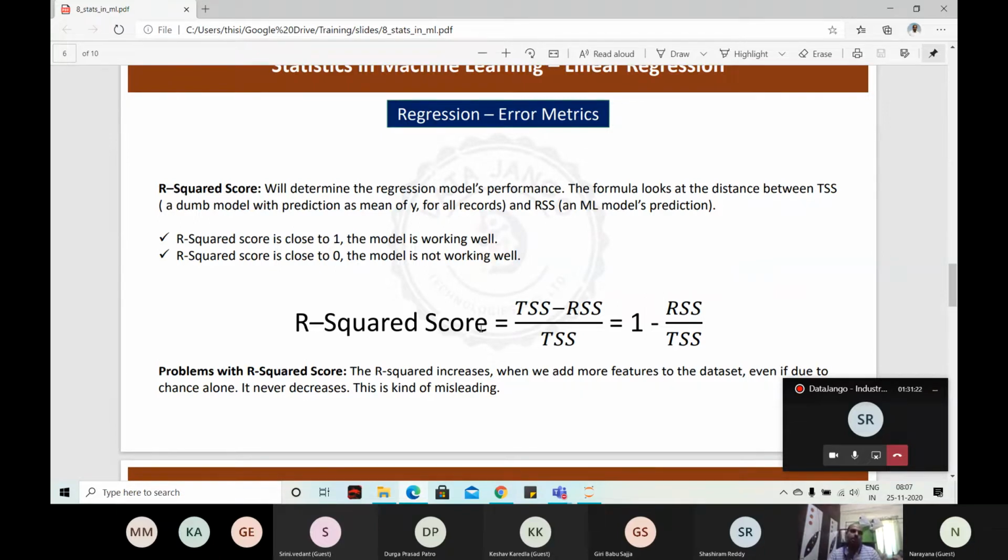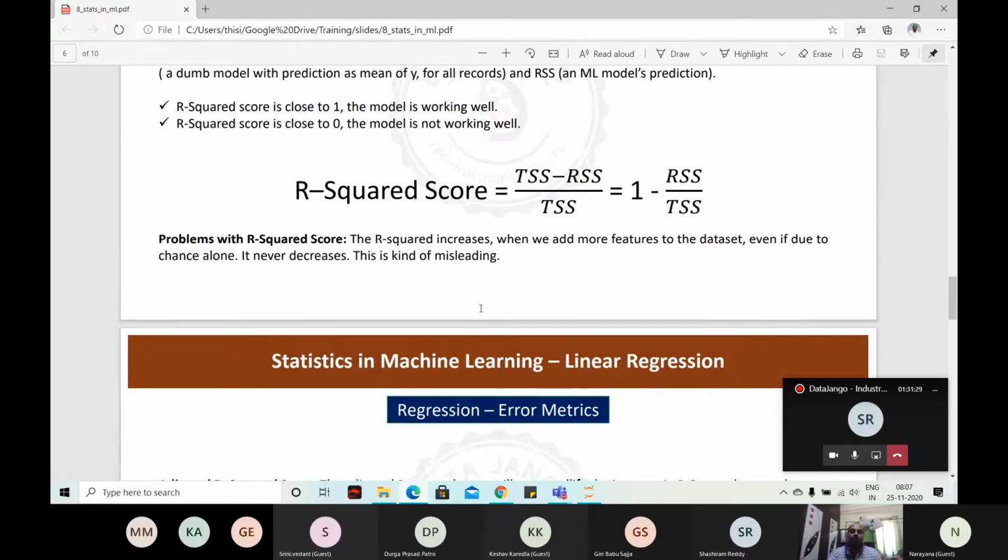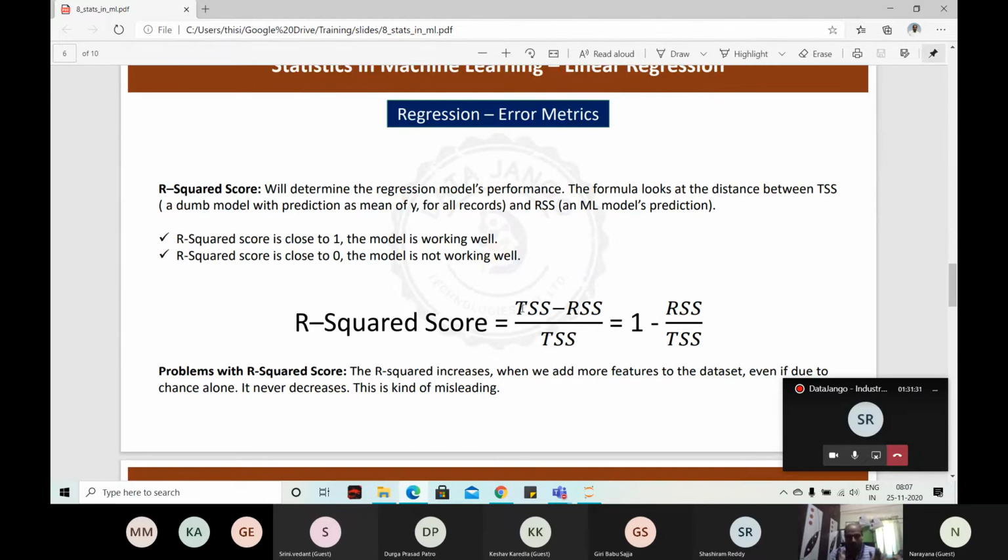So if R square score is close to 1, the model is working well. If it is close to 0, the model is not working well. R square score is always going to be between 0 and 1, so you have a perfect scale. 0 means not working well, 1 means working well.